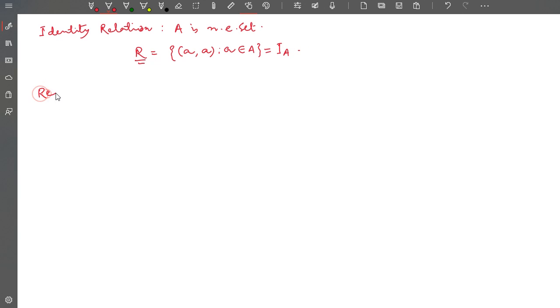Now there is one more, reflexive relation, and don't confuse this relation with identity relation. Reflexive relation, I am writing the definition actually.